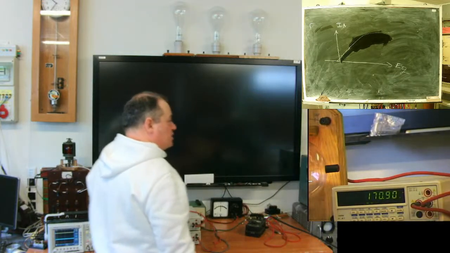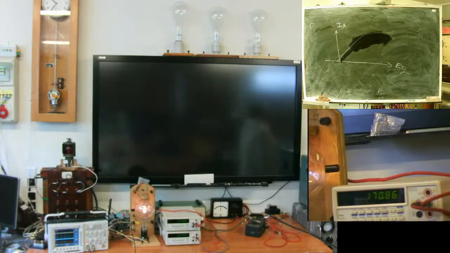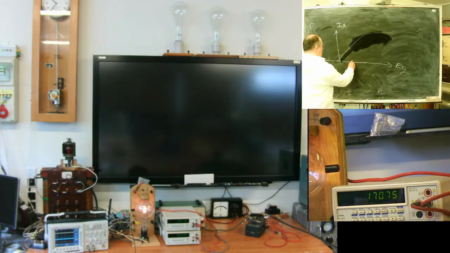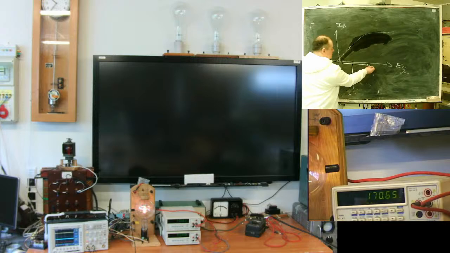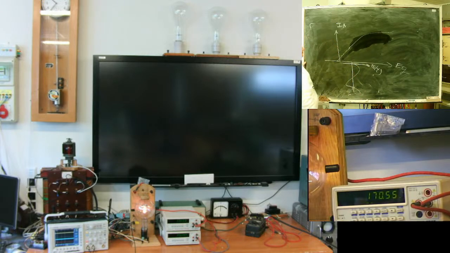And then saturation. What will happen if I add some signal to the grid?